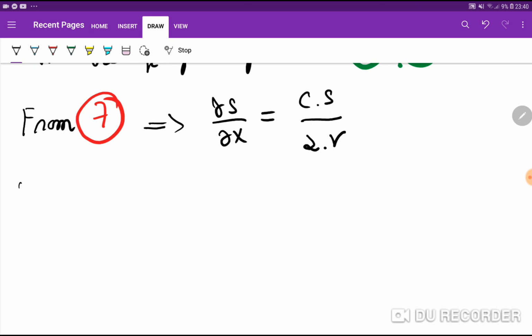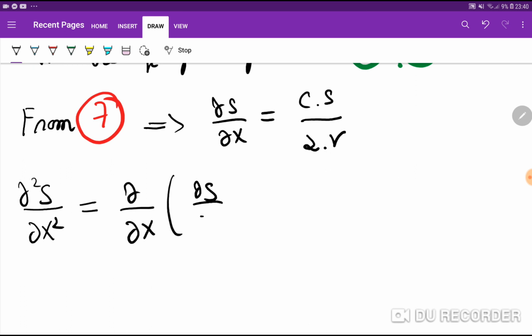Okay, so let's go ahead and see what this term is. Partial squared s over partial x squared. So it's equal to the partial with respect to x of this. The second derivative is the derivative of the first derivative. Wonderful.